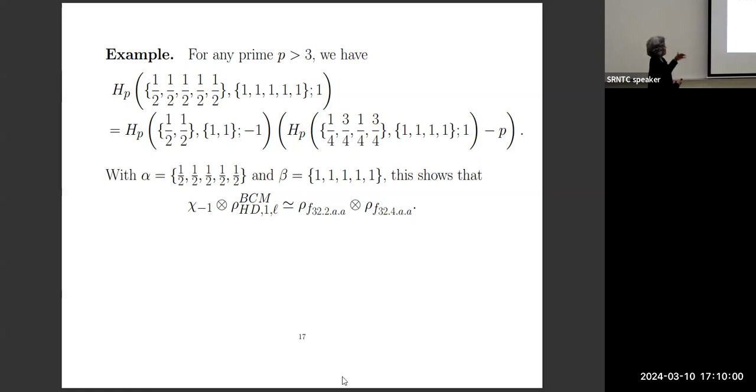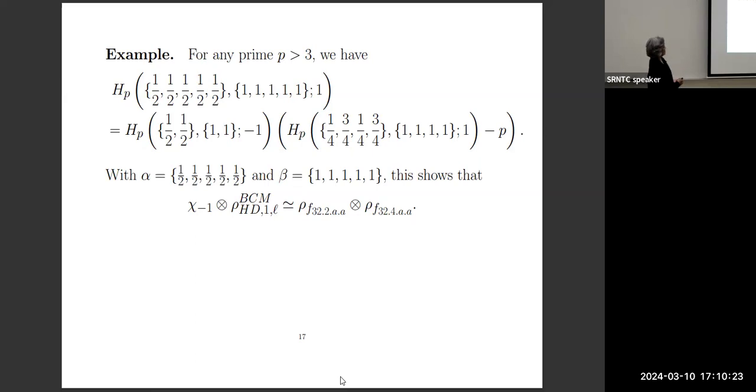One property I didn't mention is that this degree 3 Galois representation decomposes as a degree 2 plus a degree 1, and that degree 1 part has a Frobenius trace equal to p. So when we remove that part, the remaining part has degree 2. So it's a product of Frobenius traces of two degree 2 representations.